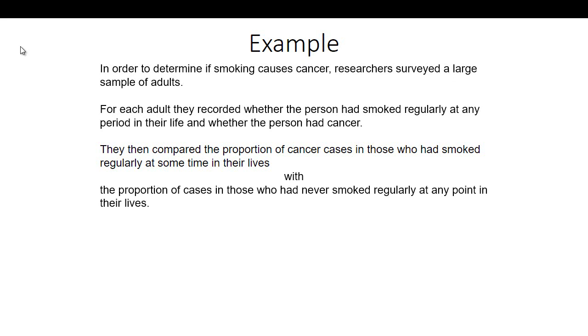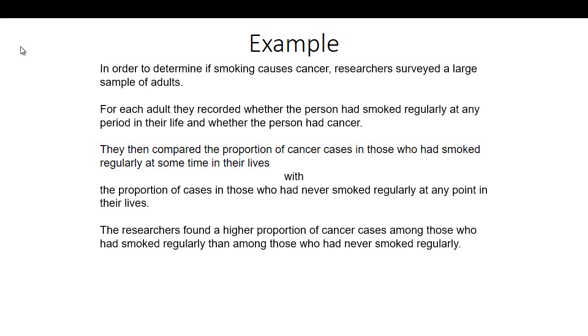The researchers found a higher proportion of cancer cases among those who had smoked regularly than among those who had never smoked regularly. What type of study is this? You should pause, read through the example a couple of times, and figure out whether this is an observational study or an experimental study.